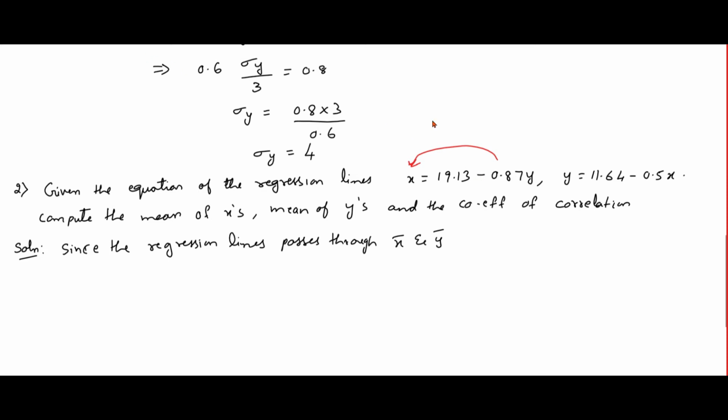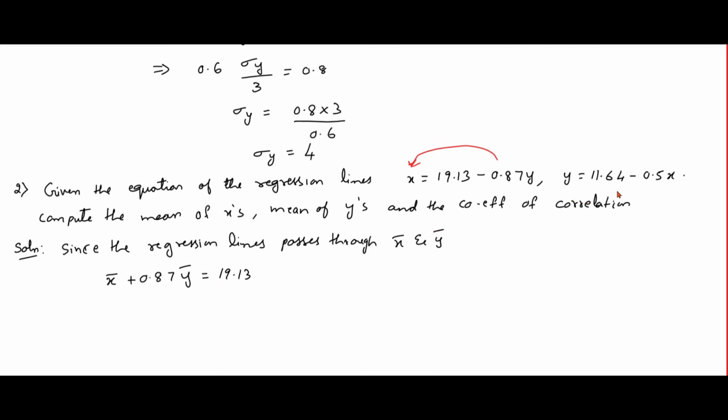So if I take this value to the left hand side, x bar stays as it is, x is replaced by x bar, and the minus 0.87 becomes plus 0.87, y is replaced by y bar, equals the right hand side value 19.13.